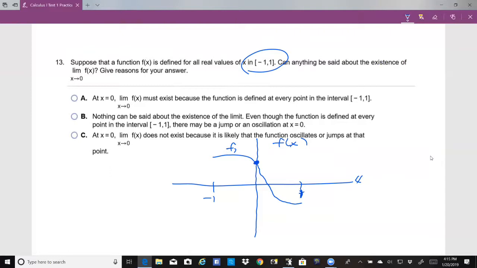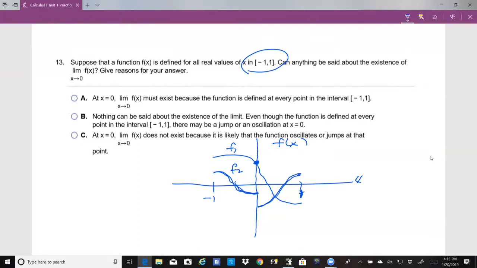However, you've seen a lot of functions that are defined at every point, but there could be discontinuities. Suppose this is f2. Notice there can be jumps in the function at some point. In fact, there could be multiple jumps.